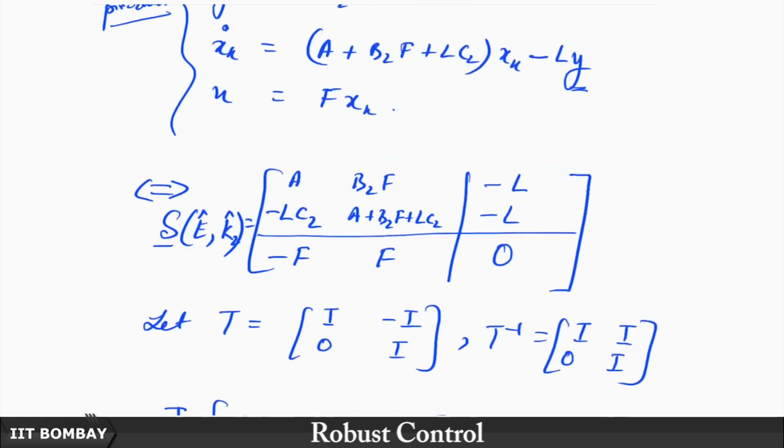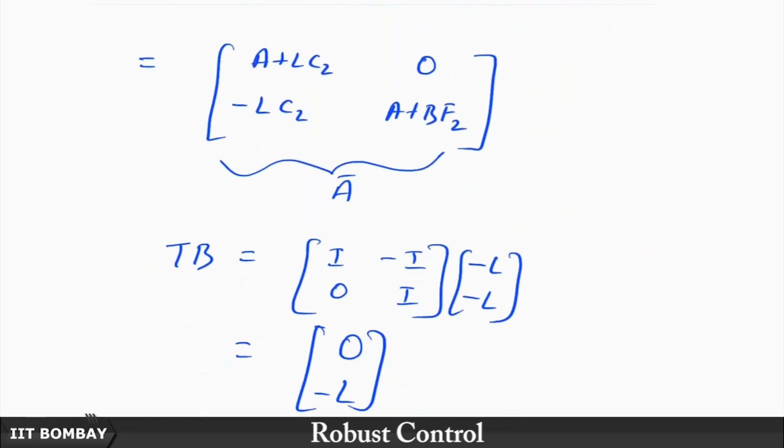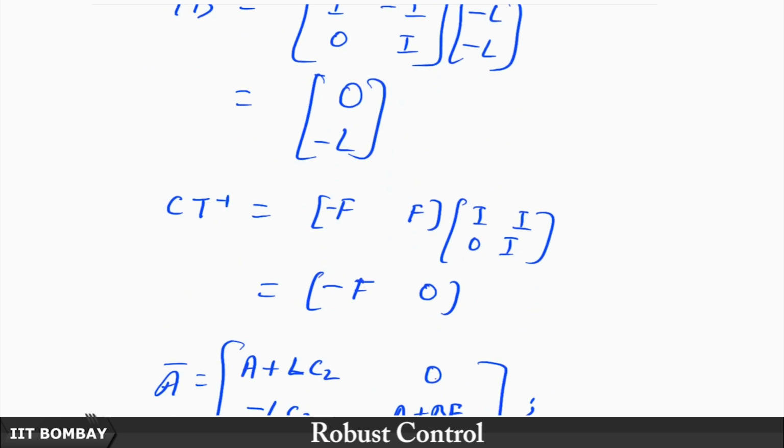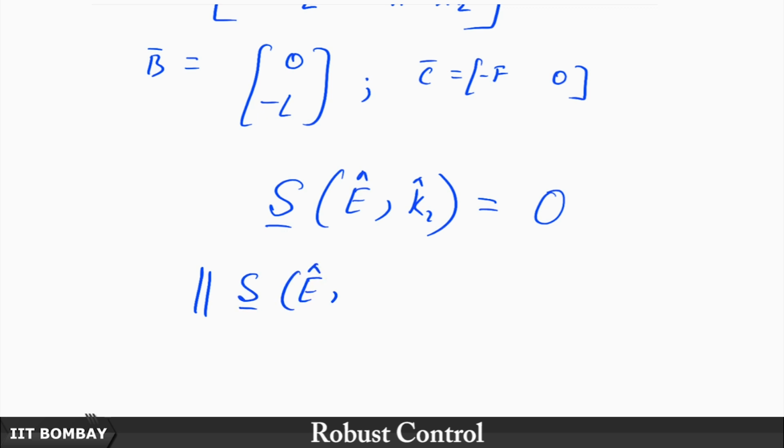If you take the star product of this E with K2, the transfer function from a signal injected at the input of this EK block, where E is the plant and K2 is the controller, then can we not say that the star product of E and K2 hat is actually equal to 0? Seen as a transfer function it is 0. In other words, the norm of this star product E hat K2 hat is obviously by default going to be 0.